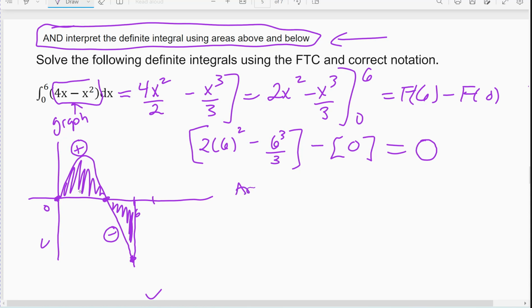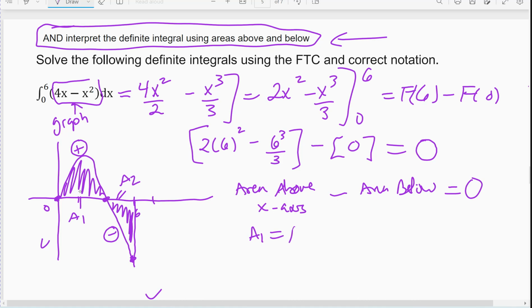The area above the x-axis minus the area below is exactly the same. So they zero out. So this area here, we'll call that area 1. This area here, we'll call that area 2. Area 1 is the same as area 2. So when I take area 1 minus area 2, it zeroes out.